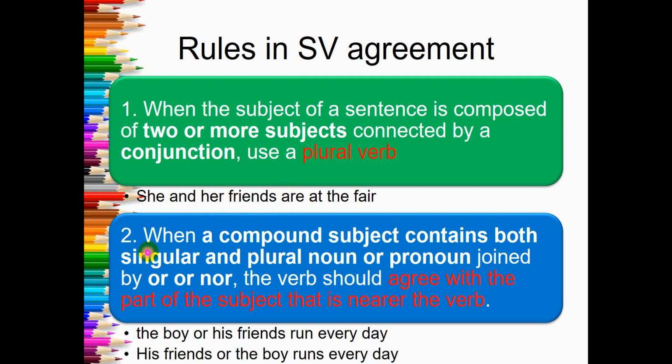Rule number two: when a compound subject contains both singular and plural noun or pronoun joined by or or nor, the verb should agree with the part of the subject that is nearer to the verb. Here we have the boy or his friends run every day.